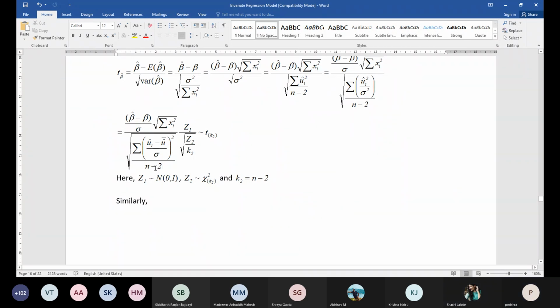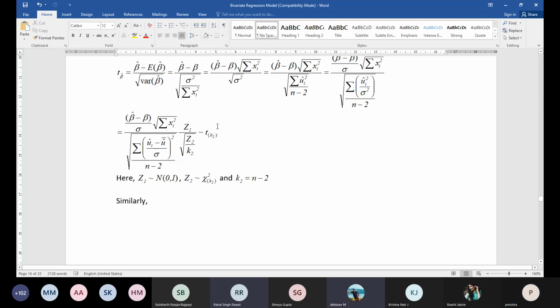So essentially in the numerator, you are getting a standard normal variable. Am I right? And in the denominator, you are getting the square root of a chi-square variable. And by definition, this ratio follows a t distribution.